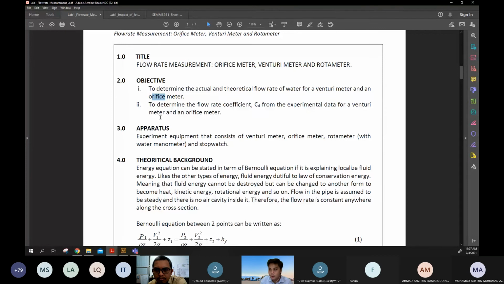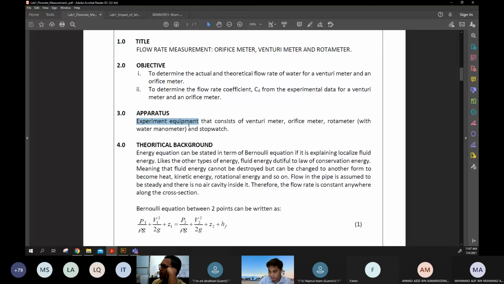Secondly, to determine the flow rate coefficient, CD, from the experimental data for the venturimeter and orifice meter. This is the apparatus that we're going to use: the venturimeter, orifice meter, and rotameter. Those are the three pieces of equipment you need to complete your experiment.